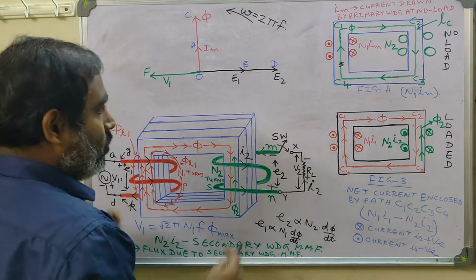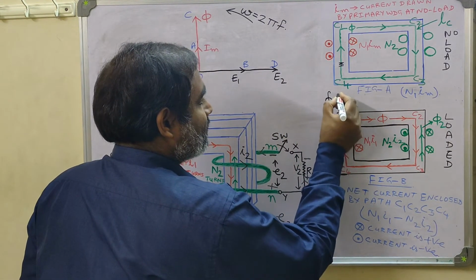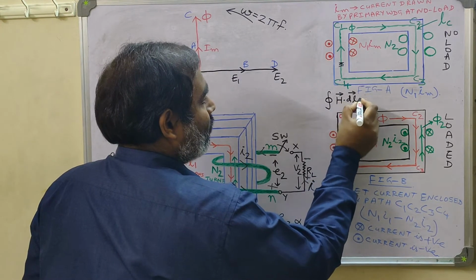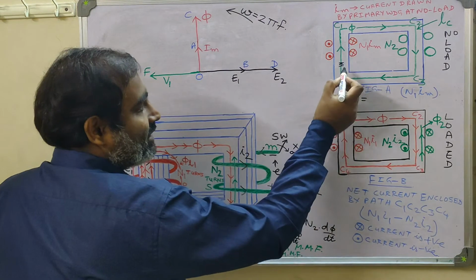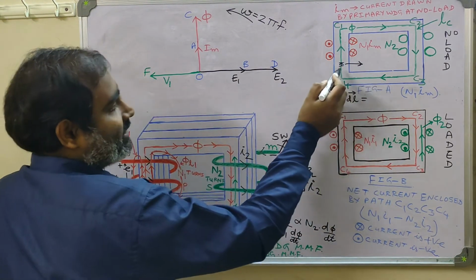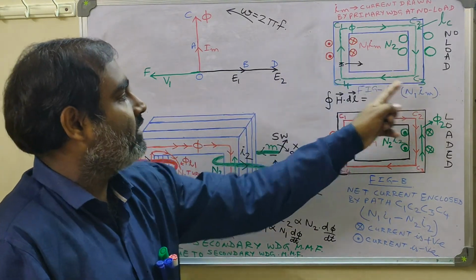Now if you integrate this closed integral H dot dl, this dl is nothing but an elemental length along the mean length of the magnetic circuit. This mean length of the magnetic circuit is given by C1, C2, C3, C4.